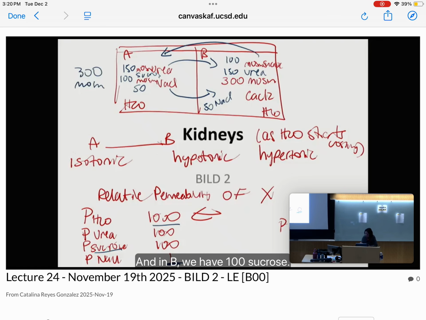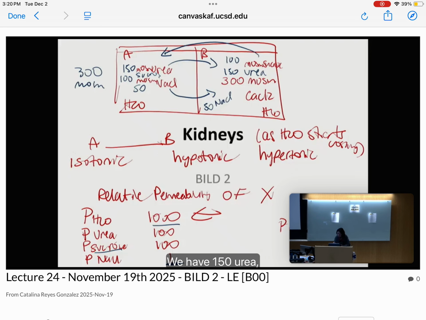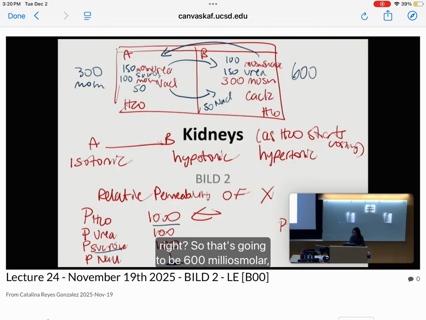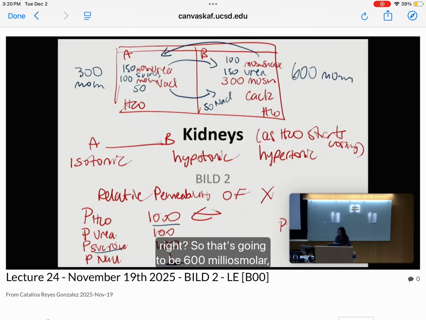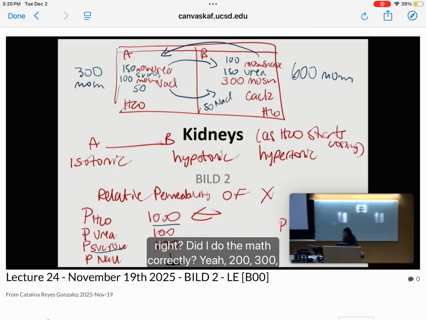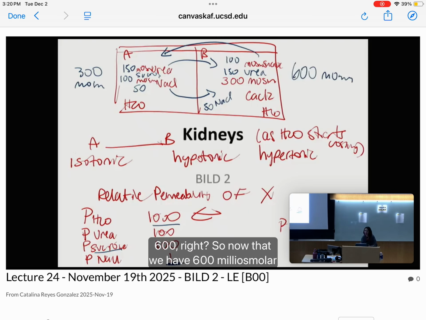And in B, we have 100 sucrose, we have 150 urea, 50 sodium chloride, so that gives us 300 again, plus 300 of calcium chloride, right? So that's going to be 600 milliosmolar, right? Did I do the math correctly? Yeah, 300, 300, 600, right?